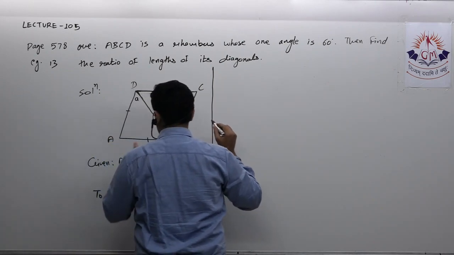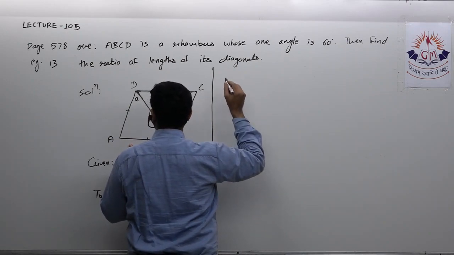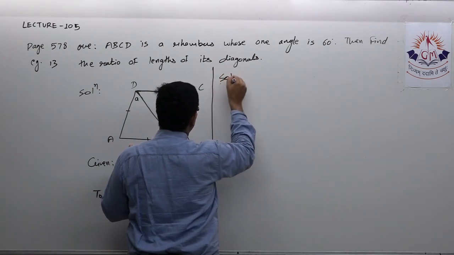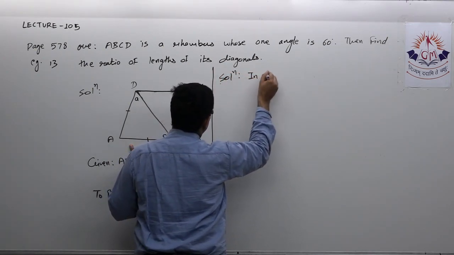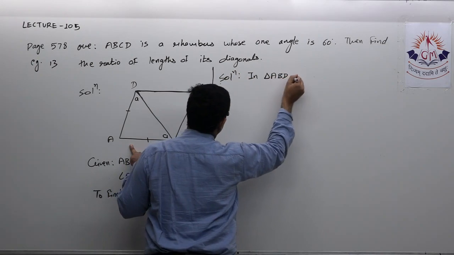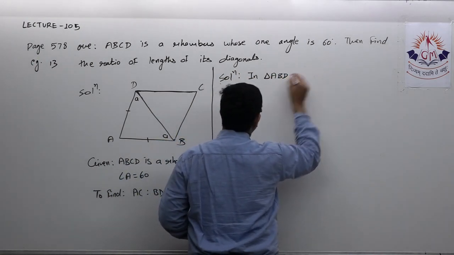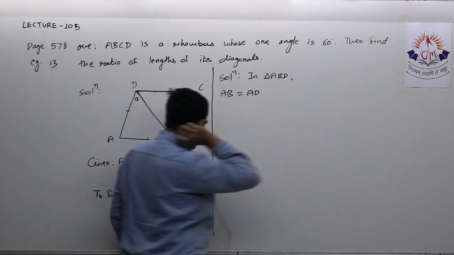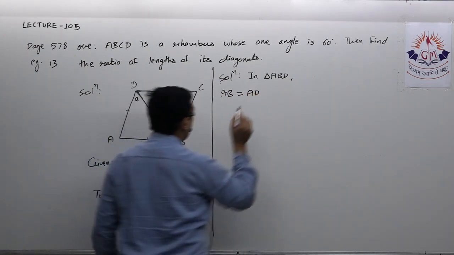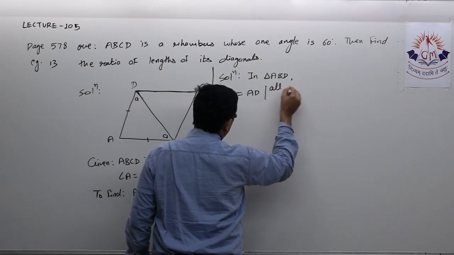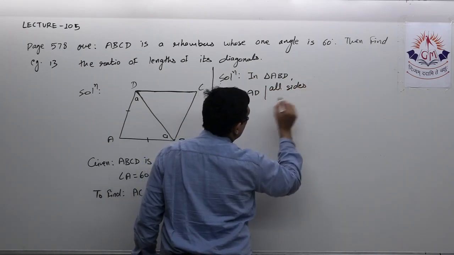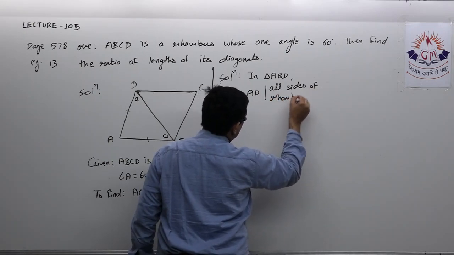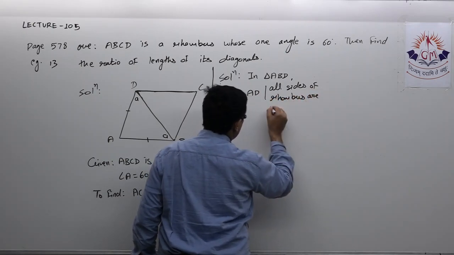Solution: in triangle ABD, AB is equal to AD. Reason: all sides of a rhombus are equal.